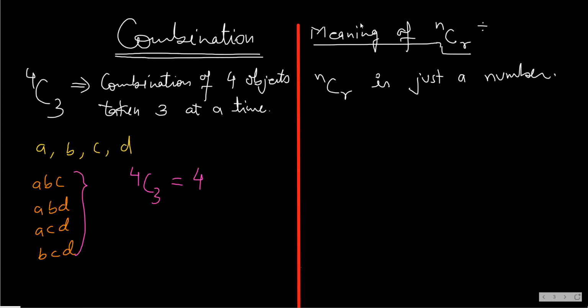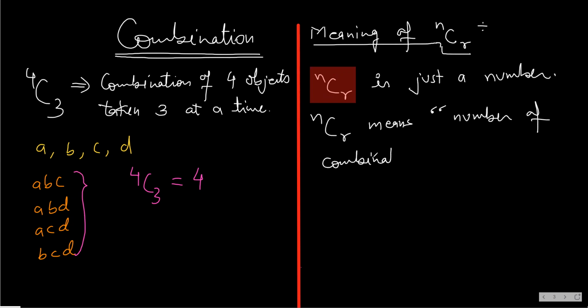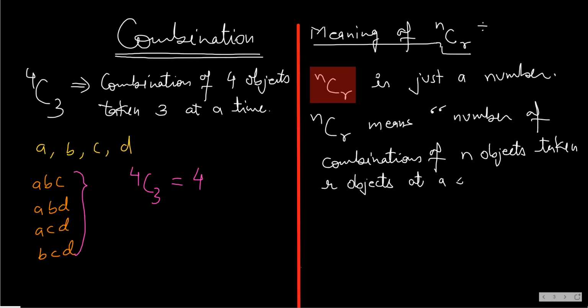Like nPr was a number, nCr is also a number. nCr means the number of combinations of n objects taken r objects at a time.